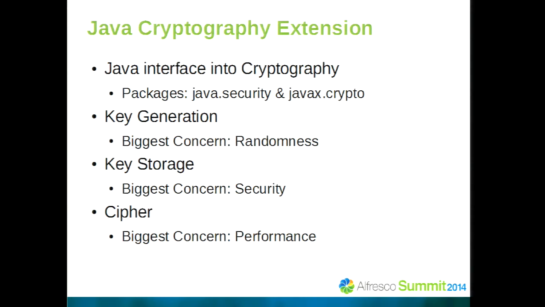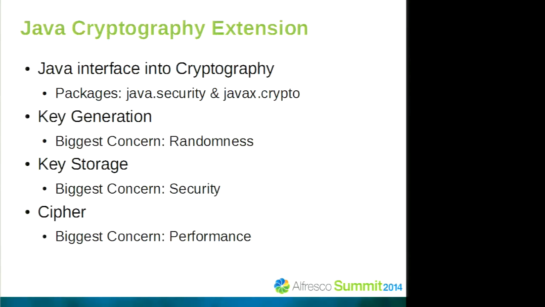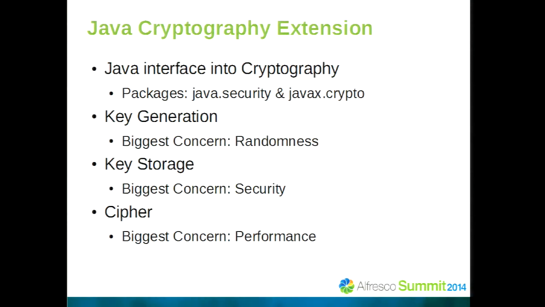So when you're doing those three different things, there are different things to be worried about. With key generation, you need randomness. Otherwise, it becomes predictable. That one's probably the least thing to worry about because it's usually pretty random. Key storage is a huge thing to be concerned about with security, because if the key is just sitting on the box, then any administrator can get to it.